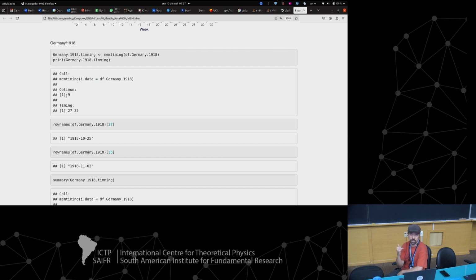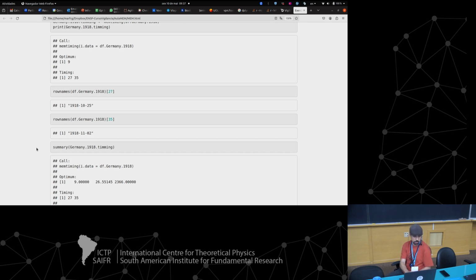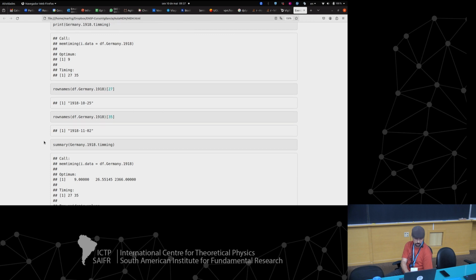Because our original data set is organized, aggregated by days and not by weeks. And it starts at row 27, ends at row 35, and then we go back to the row names of that particular object, and we see that row 27 corresponds to the 25th of October, and it ends by the beginning of November.